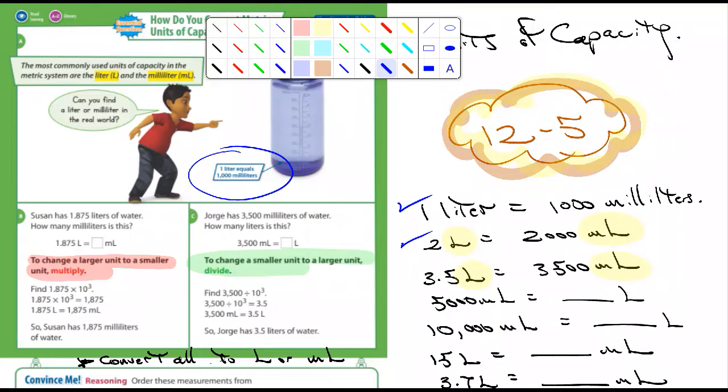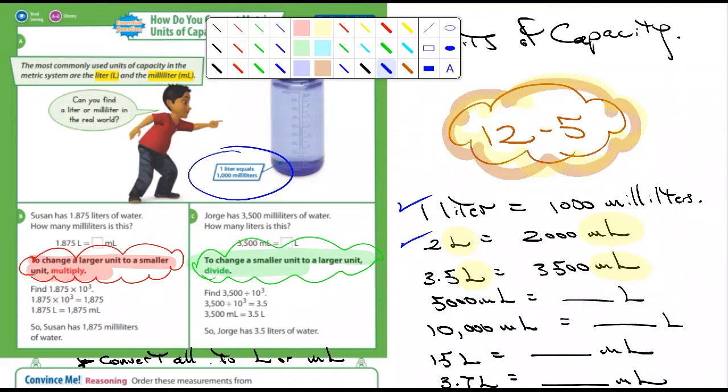And just like before, if you're going from a larger unit to a smaller unit, you multiply. If you're going from a smaller unit to a larger unit, you divide. It's the same pattern.